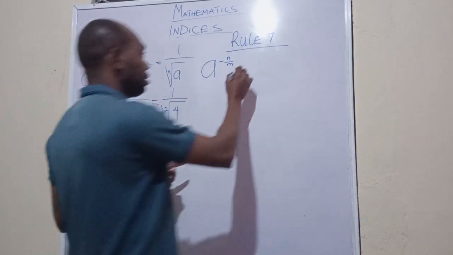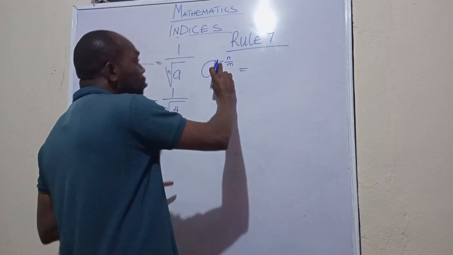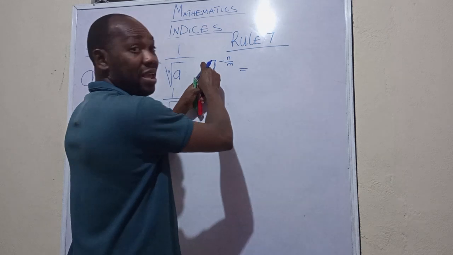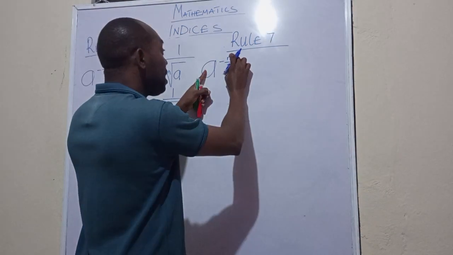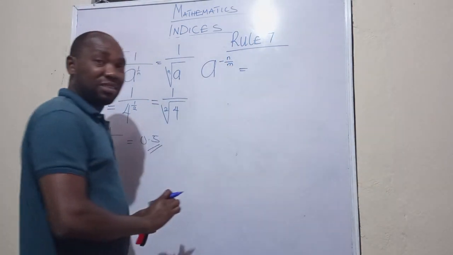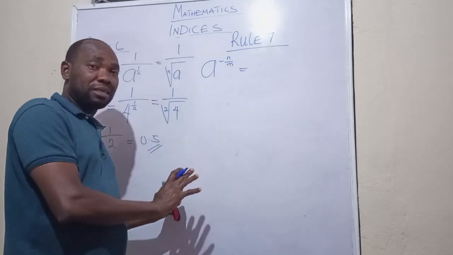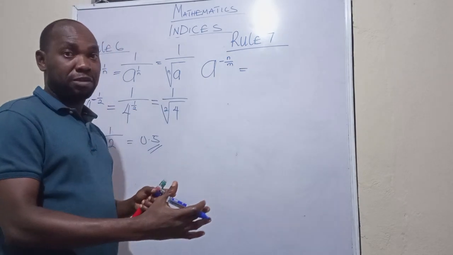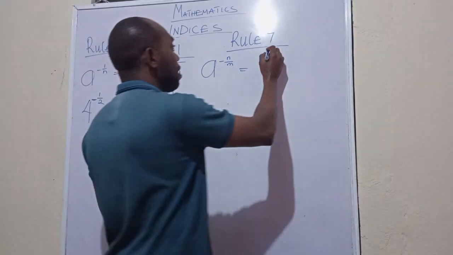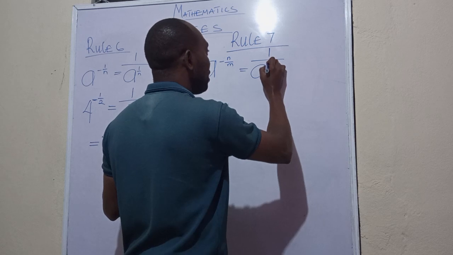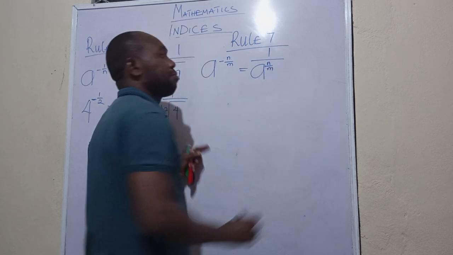So the first thing is that the minus sign will now reciprocate a, and n over m will still remain as its index. Now that will show another rule entirely, where it will also be simplified. So we will now have 1 all over a raised to the power of n over m.